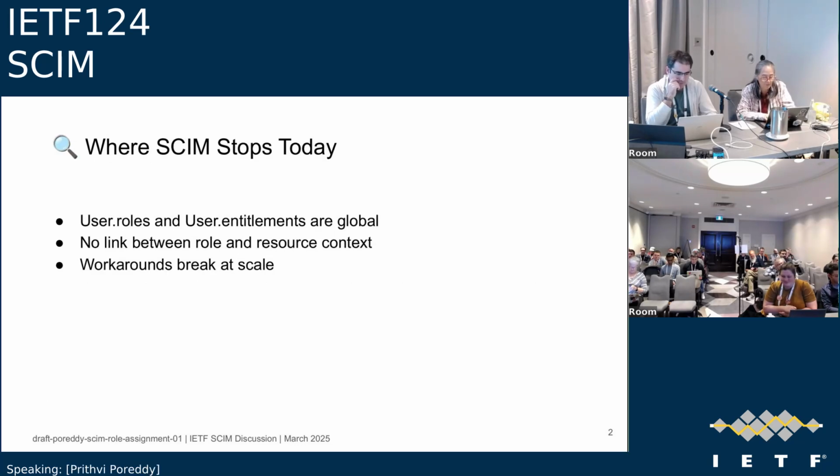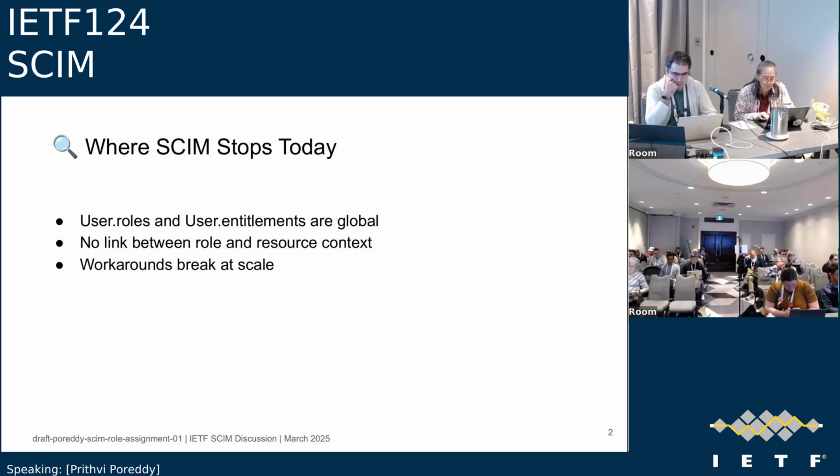Let's look at what SCIM gives us today. We have the user object, which has roles and entitlements around it that describe high-level access labels, but they apply globally, not to any specific resource, like a project or a tenant. There's no schema element that ties a role to its resource context. So implementers are working around it by creating groups for each project role.